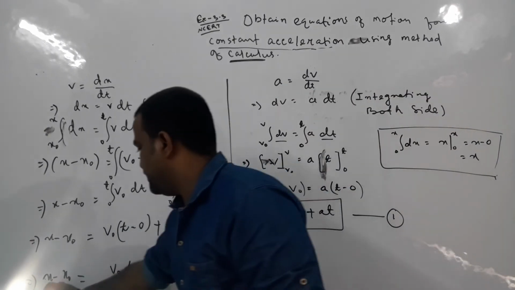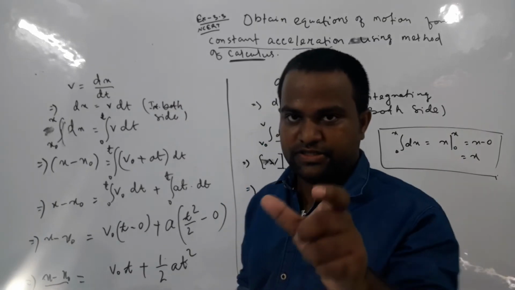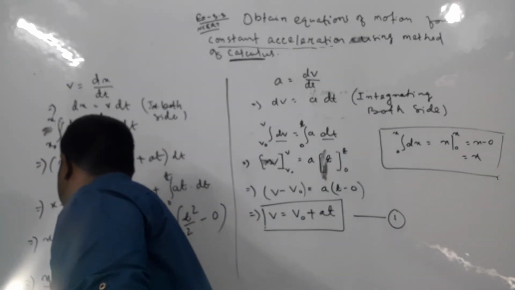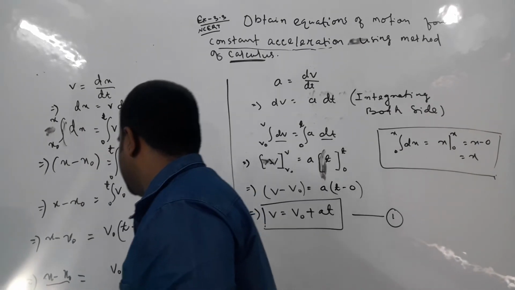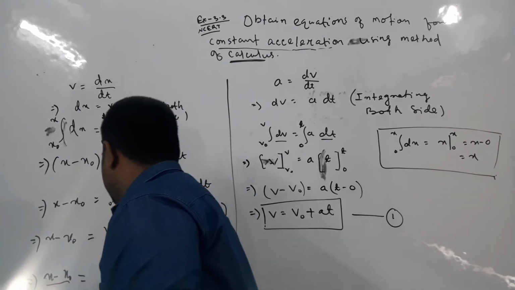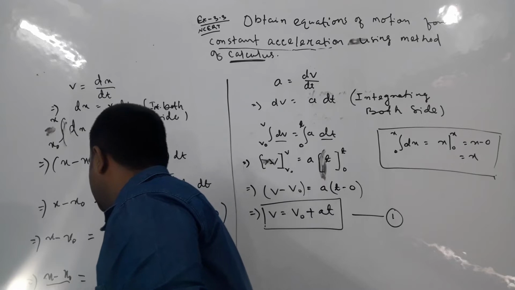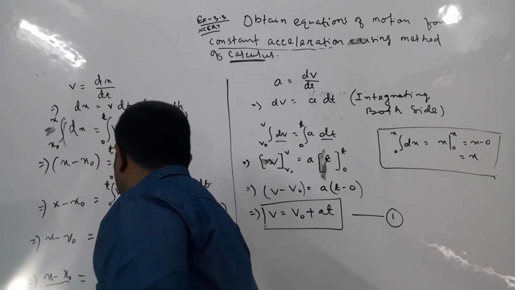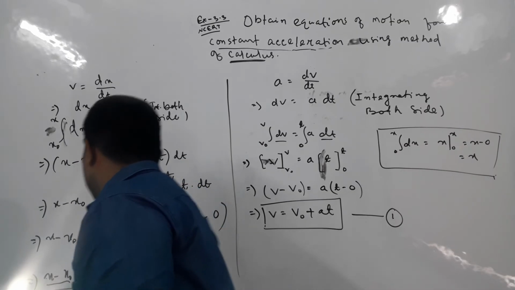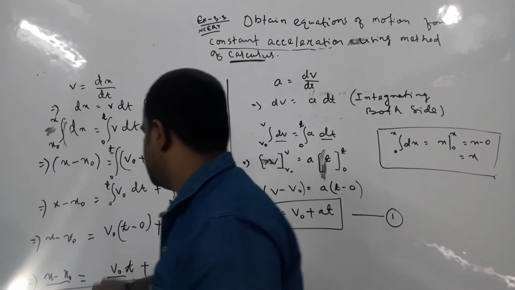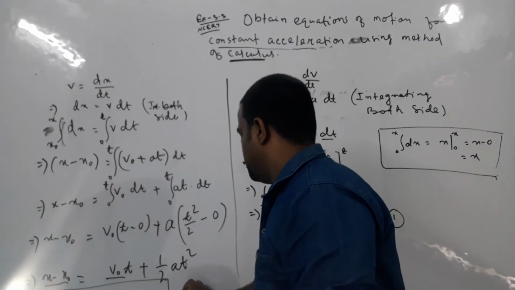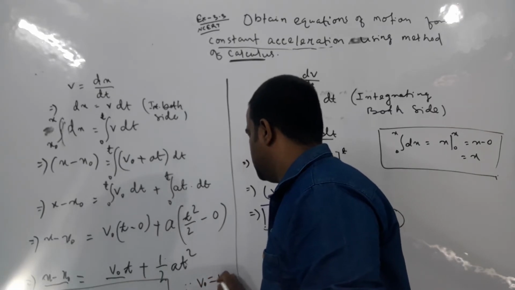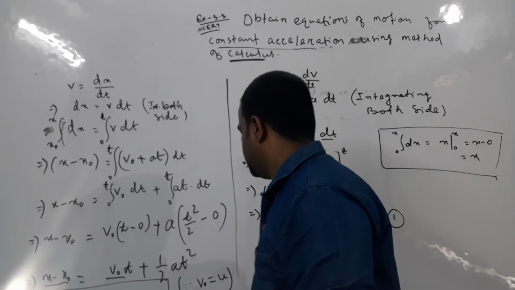That is, x minus x0 is the distance or displacement traveled. So you can write s is equal to v0 t, where v0 is the initial velocity, you can write u also: s is equal to ut plus half at square.